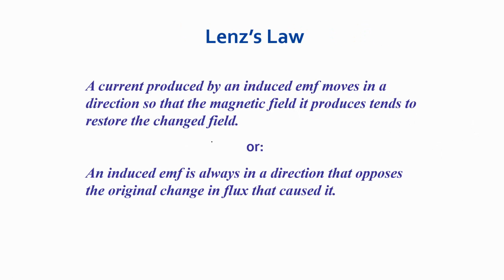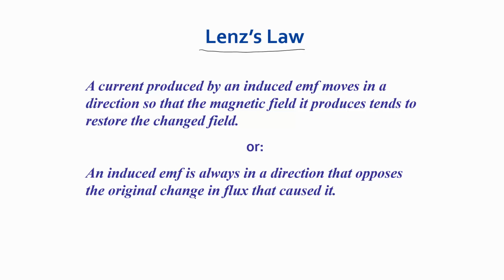Okay, and this idea of what direction is that induced EMF going to be is known as Lenz's Law. And so it says that the current produced by the induced EMF moves in a direction such that the magnetic field it produces tends to restore the changed field, or the EMF is always in a direction that opposes the original change in flux that caused it.